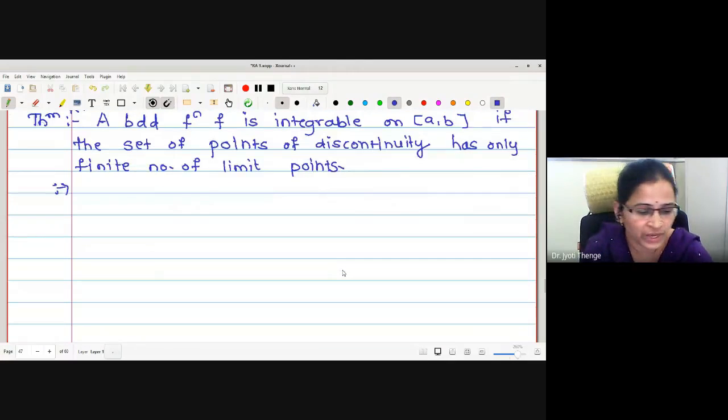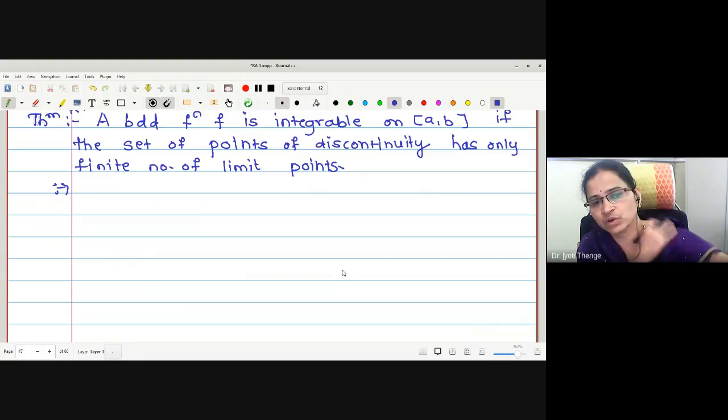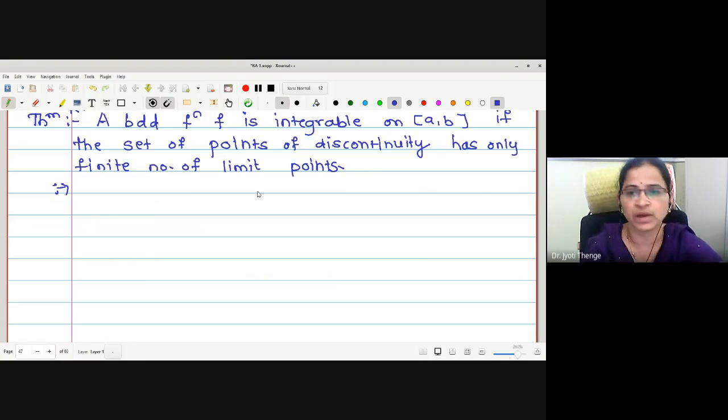Very similar to the previous theorem, we are going to find out the contribution by the intervals for the finite limit points and for the remaining ones. Okay, let us plot this partition.